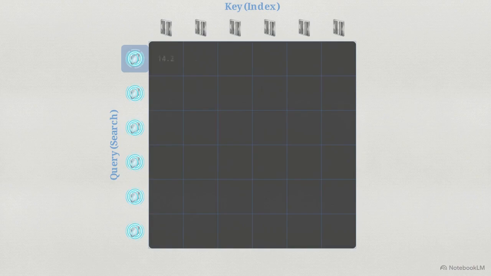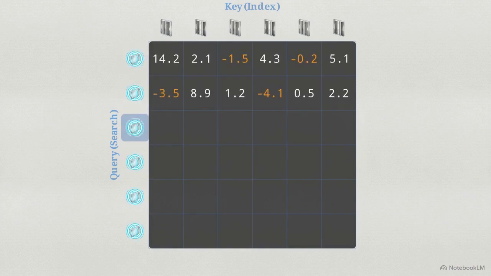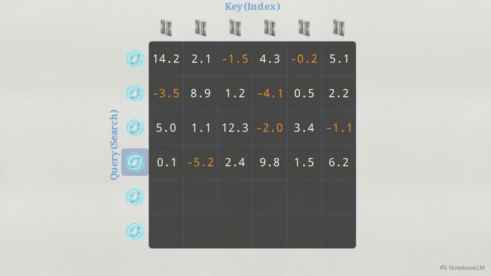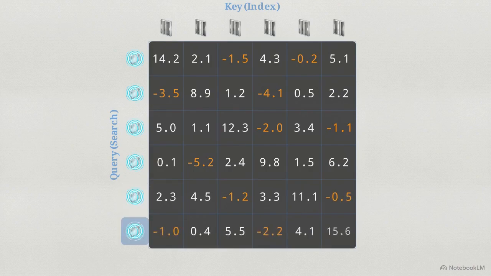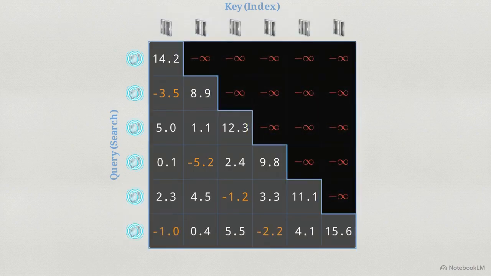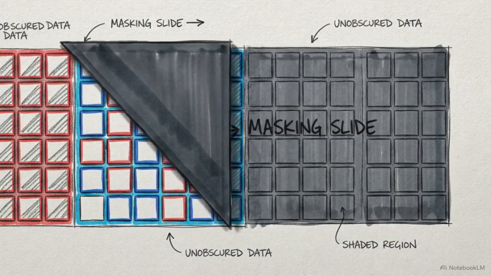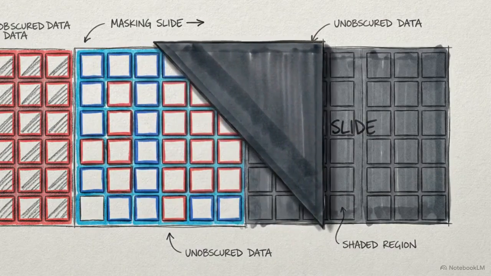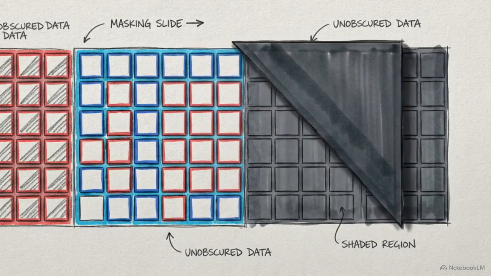To calculate attention, the model performs a dot product multiplication between one token's query vector and all other key vectors, filling a matrix with numeric scalar scores. Next, a mask overrides the upper triangular half with negative infinity, hiding future tokens. Masking is a requirement for training. It physically prevents the model from peeking at the next token it is attempting to predict.